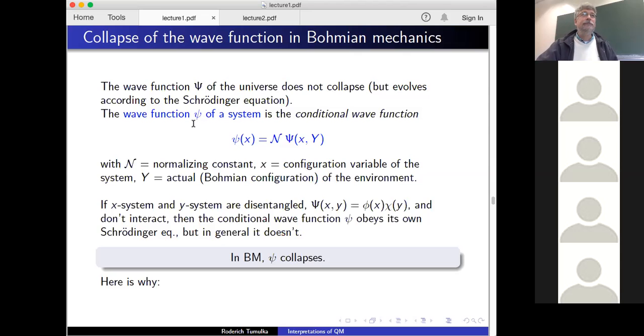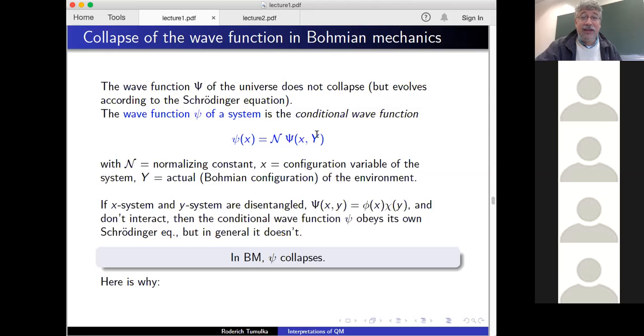Now, in Bohmian mechanics, there's a simple definition of what you would say the wave function of a system is. You would say it's the conditional wave function, which means the following. You take the full wave function, which is a function of, let's say, the configuration of some system and the configuration of the rest of the universe. Okay, now for the rest of the universe, you take the Bohmian configuration.